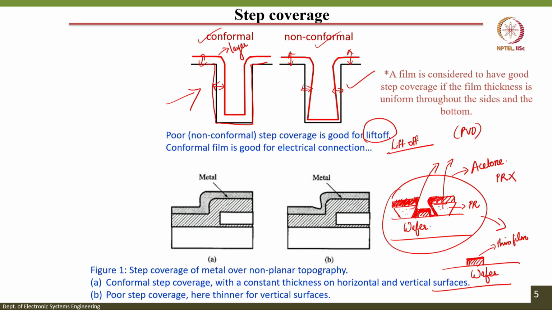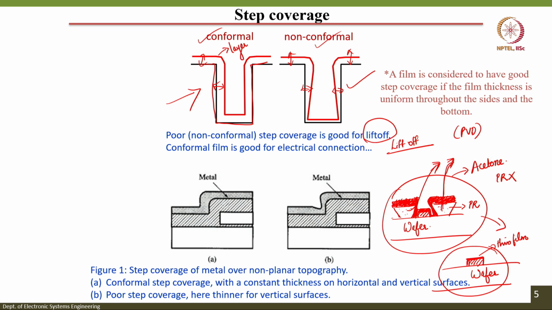So, when you put this entire structure in acetone for removing the photoresist, the photoresist at this particular location and this particular location will be dissolved, but since there is a metal coating along the side walls as well, you will not be able to get a perfect thin film structure as shown in the figure below, because there is a thin film metal deposited along the vertical side walls as well.